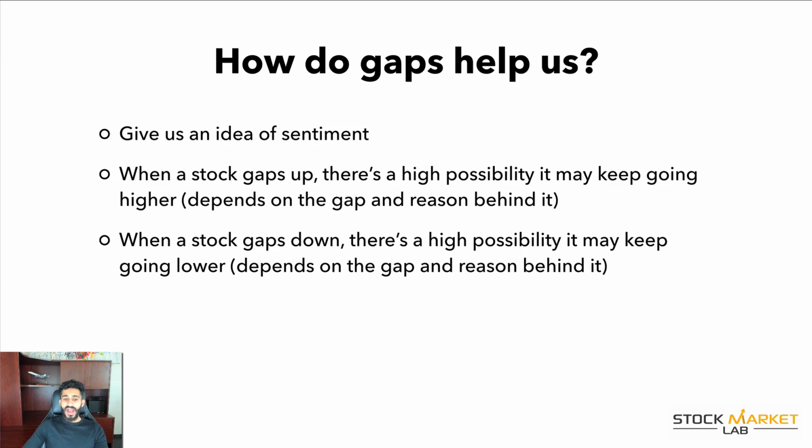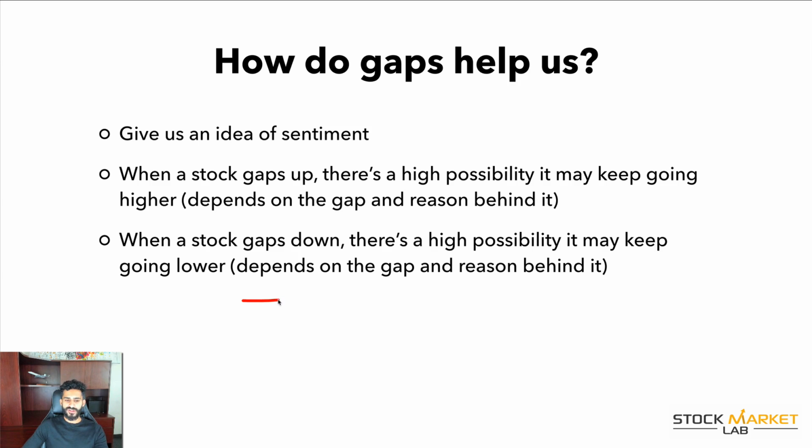Next, when a stock gaps down, there's a high possibility that it may keep going lower, right? That also depends on the gap and the reason behind it. Just because a stock is gapping a certain direction doesn't mean it's going to continue that. It needs to have a solid reason behind it.